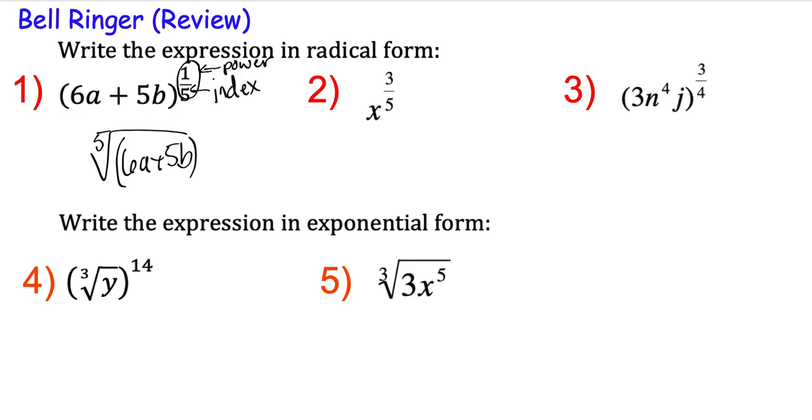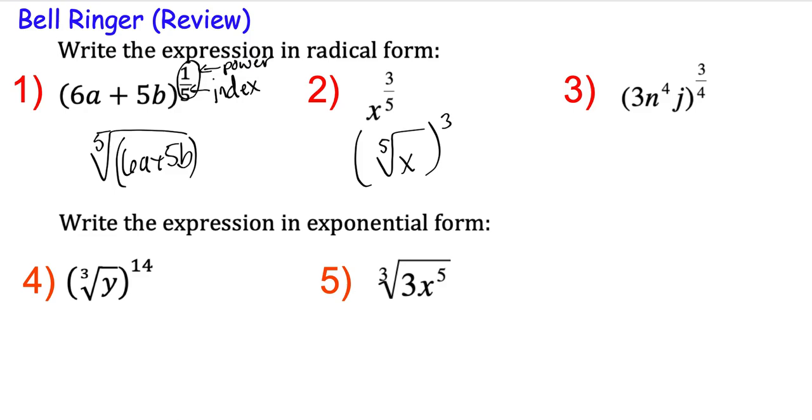Okay, so with that, this one is going to be 5th root of x to the 3rd. And another reminder is you can put the 3rd power on the inside, or we can have it like this on the outside, whichever one you prefer. Sometimes this way helps you get it simplified, sometimes it doesn't.